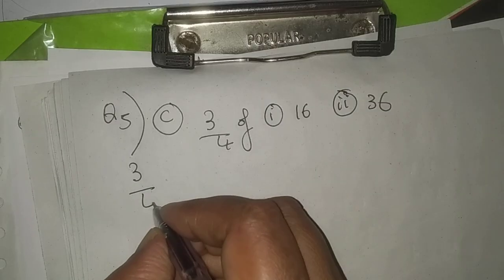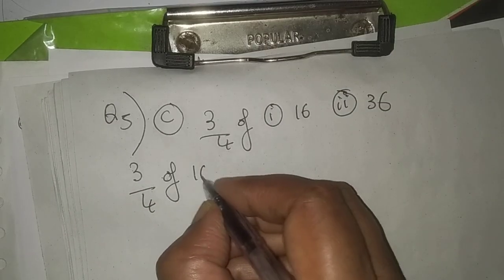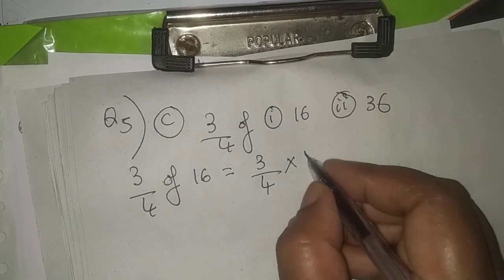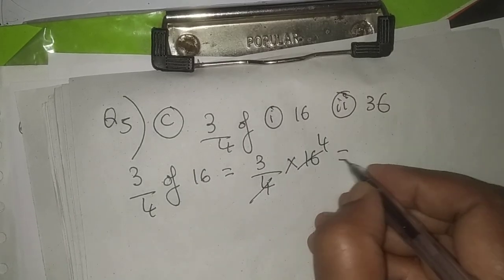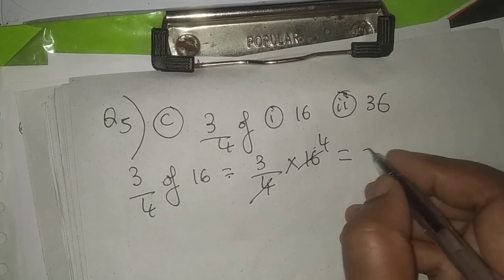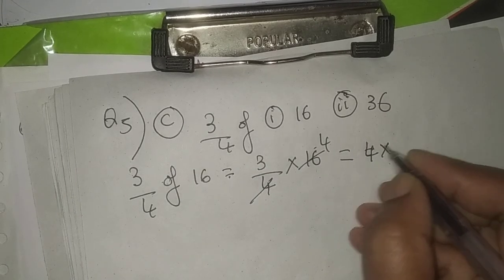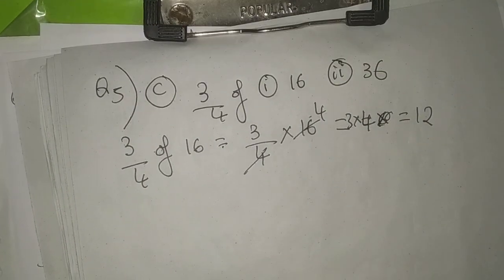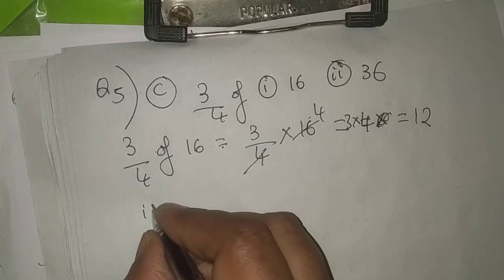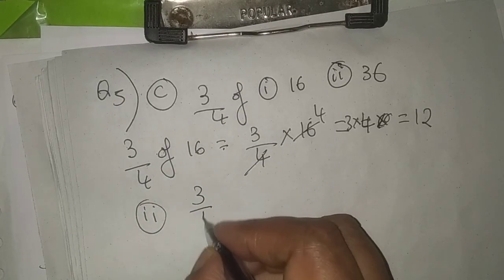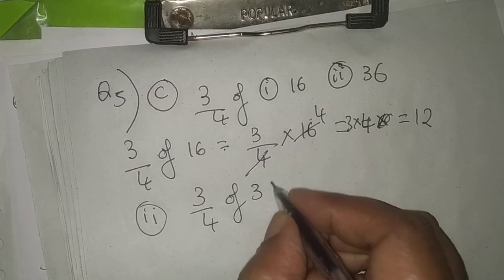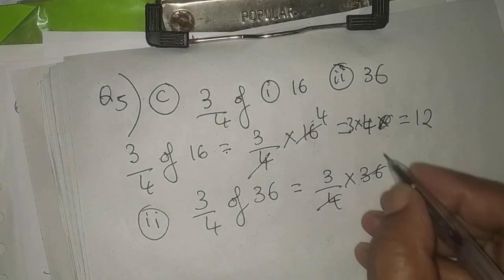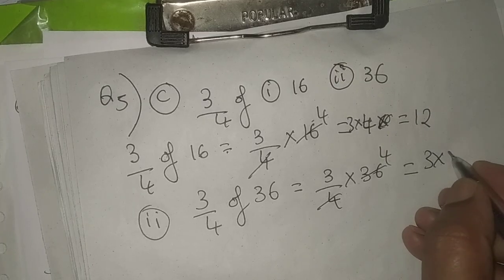Therefore 3 by 4 of 16 is equal to 3 by 4 into 16, 4 fours are 16, which is equal to 4 into 3, can write like this, 3 into 4 is equal to 12. Then second one is 3 by 4 of 36, which is equal to 3 by 4 into 36. 4 nines are 36, therefore 3 into 4 is equal to 12.